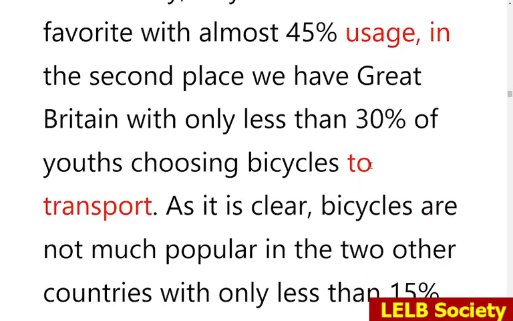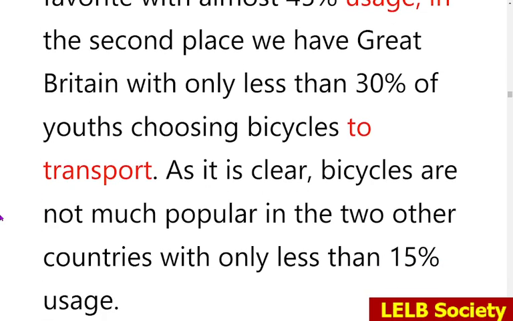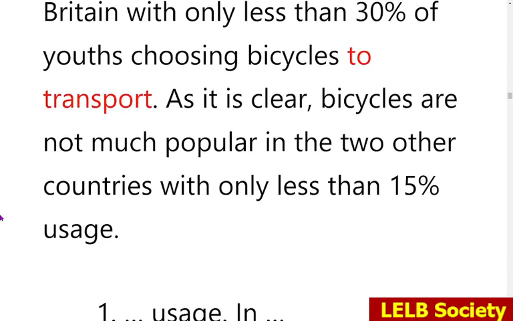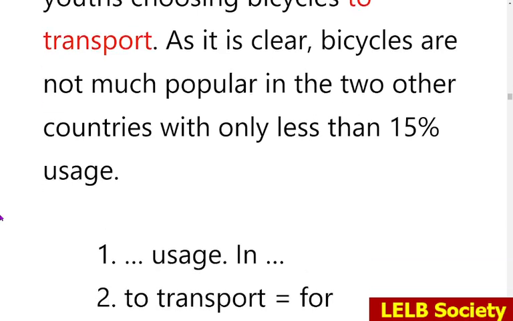To transport should change to for transportation, because transport is a transitive verb and it requires an object. As it is clear, bicycles are not much popular in the 2 other countries with only less than 15% usage.